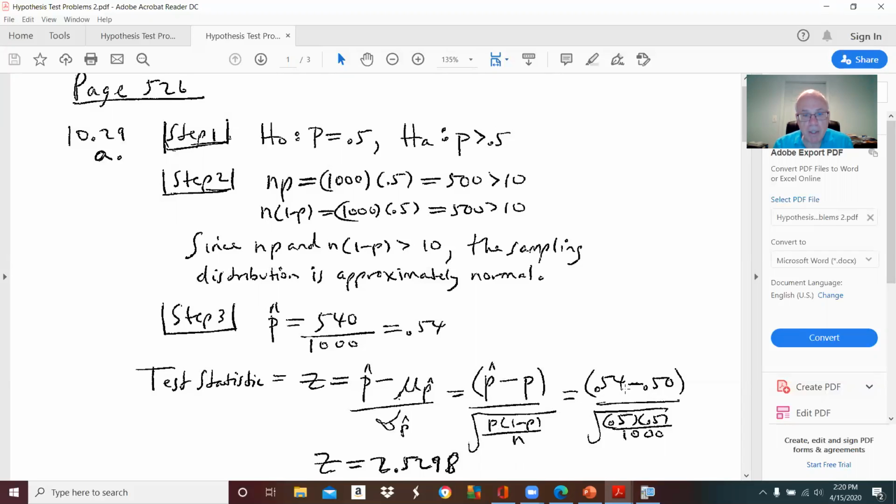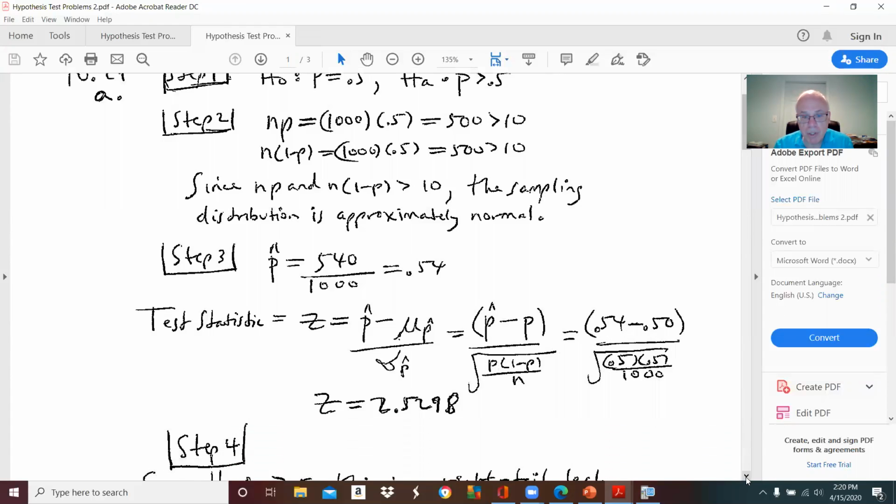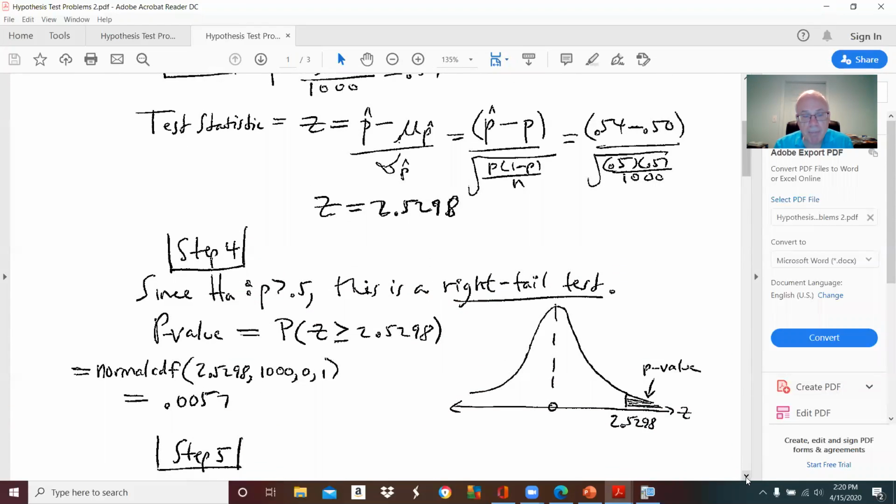So p hat is 0.54, that's our sample proportion, minus our hypothesized proportion of 0.5, divided by the square root of 0.5 times 1 minus 0.5, which is of course also 0.5, divided by a sample size of 1,000. And our z statistic is 2.5298.